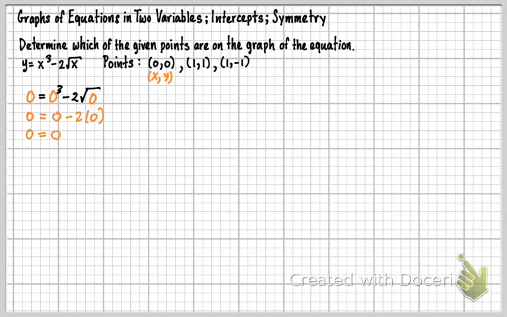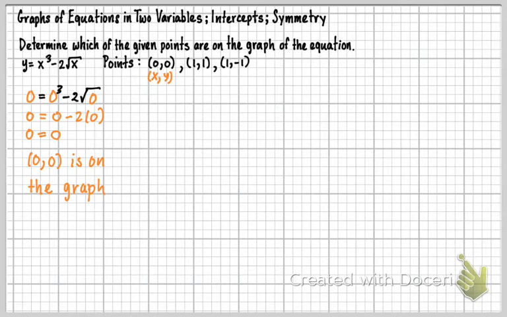Since this is a true statement at the end, 0 does equal 0, then I can say that this point is on the graph. Not the line, I should say the graph, because it's definitely not a line. So 0, 0 is on the graph.